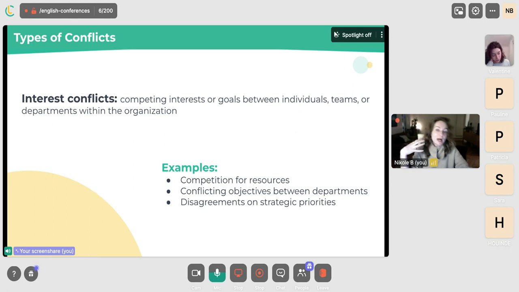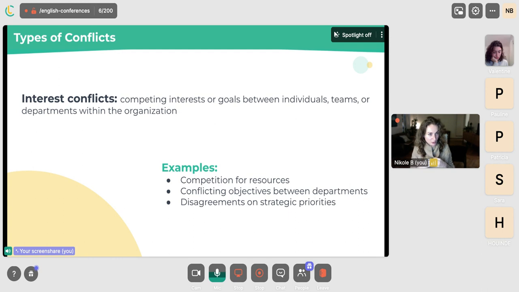Okay. And that's when you have a competing interest or goal between two individuals or more, between teams, between departments. So the most common type would be, for example, teams or departments competing for resources. So for example, you have a budget and you have two departments that both want that budget, right?